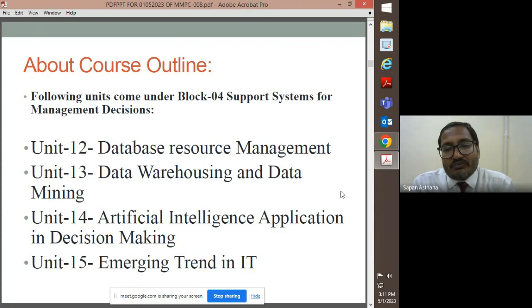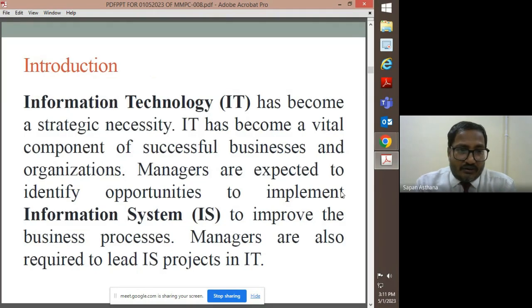Under unit 12, database resource management; unit 13, data warehousing and data mining; unit 14, artificial intelligence applications in decision making; and unit 15, emerging trends in information technology. In this way, my dear learners, there are 15 units in your syllabus.